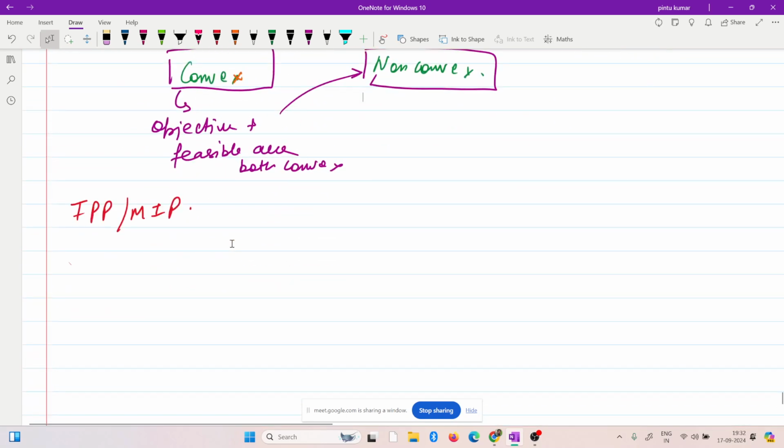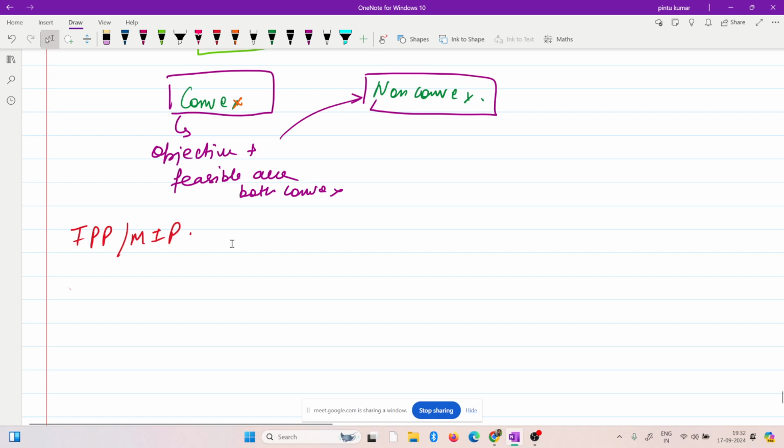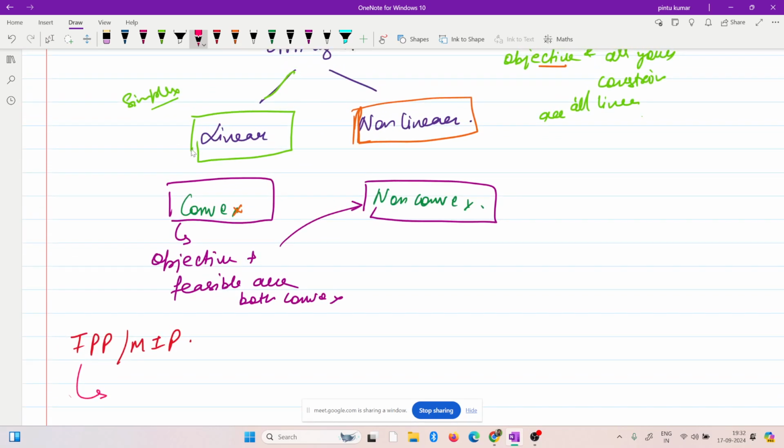There are a few more things that people use generally. Linear optimization is also sometimes called a linear programming problem, or LPP in short.